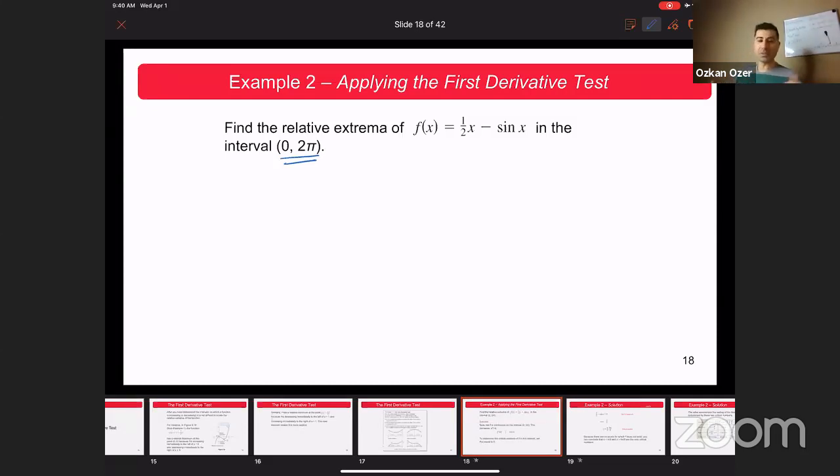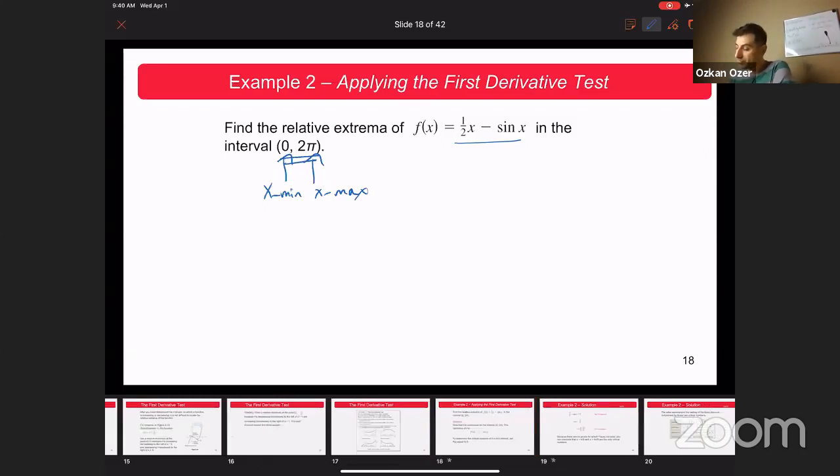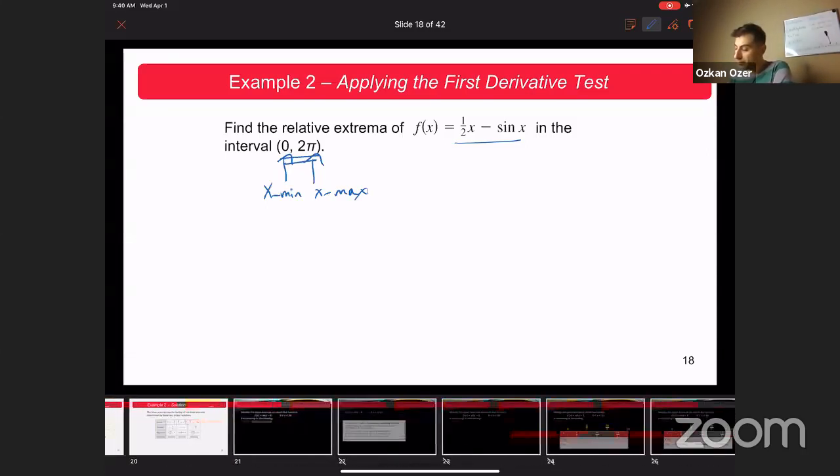And if you want, at this moment, you can graph this function for x min to be 0, x max to be 2 pi, and tell me what the graph of the function looks like. Since you're allowed to use your calculator, that would give you some hints about the increasing and decreasing behavior by simply graphing the function. Again, this is your x min, and this is your x max.